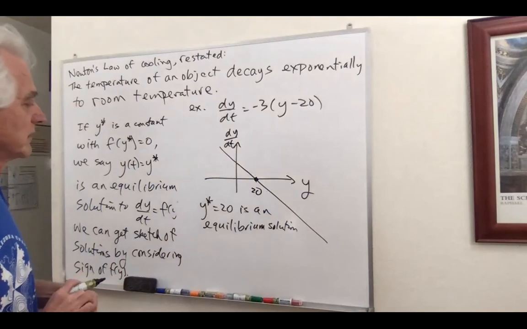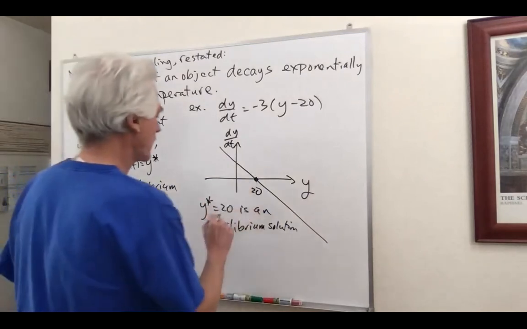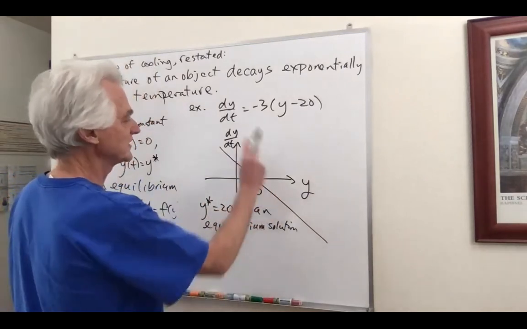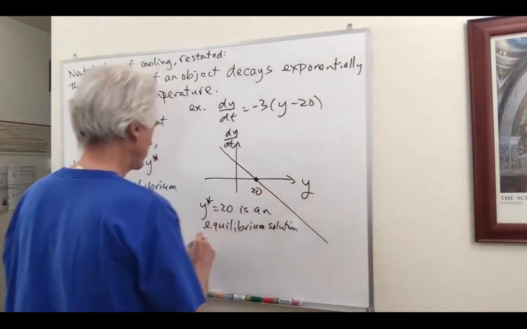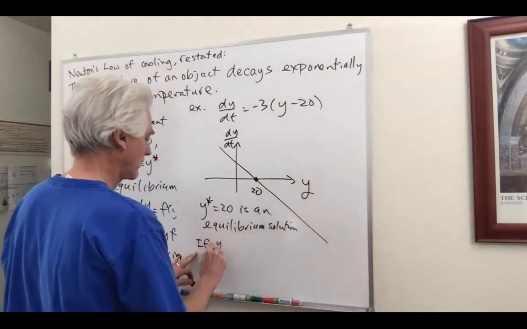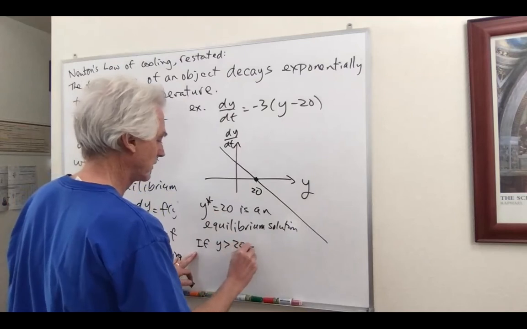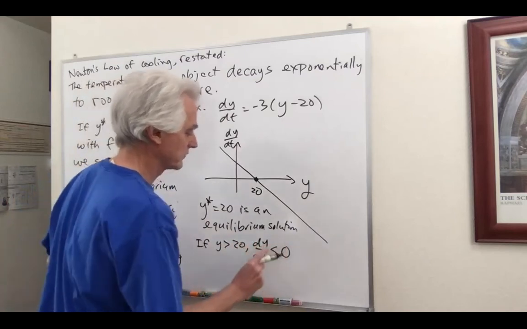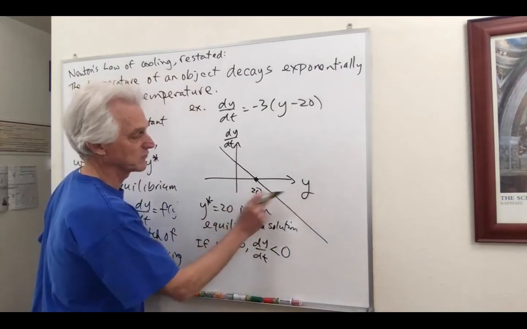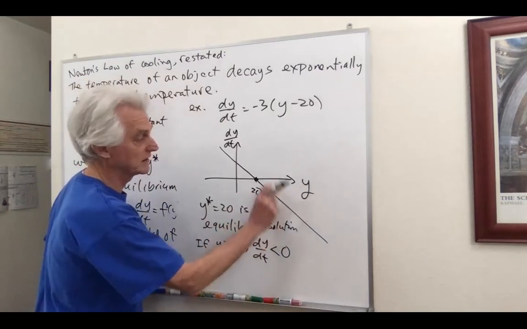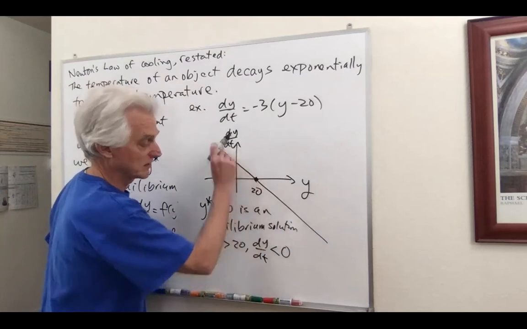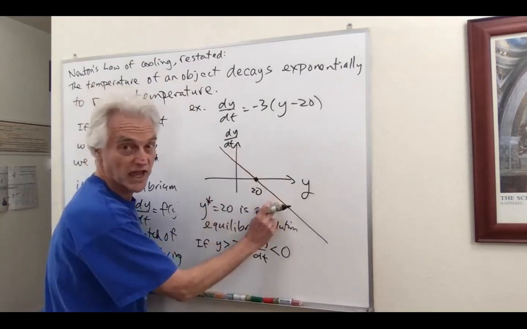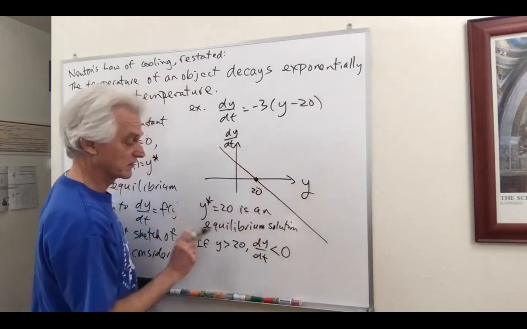All right. So also, you notice that we see this if y is bigger than 20, then dy dt is negative. So if y is bigger than 20, this line is below the axis, so dy dt is negative.